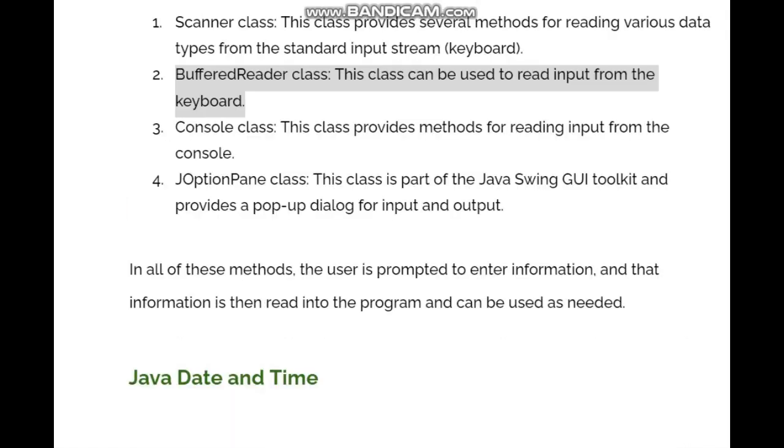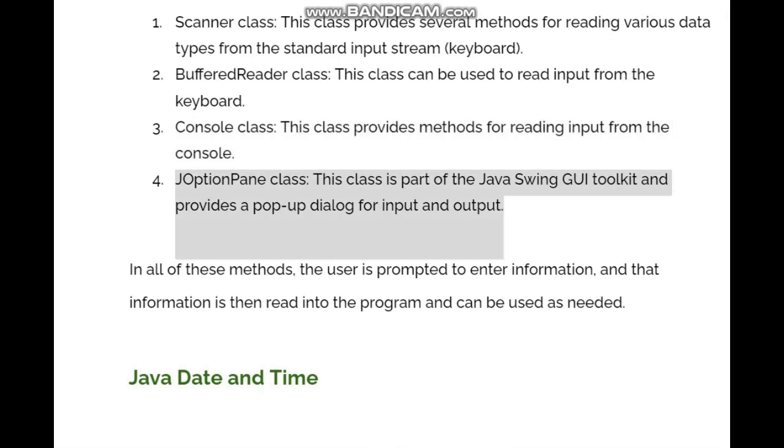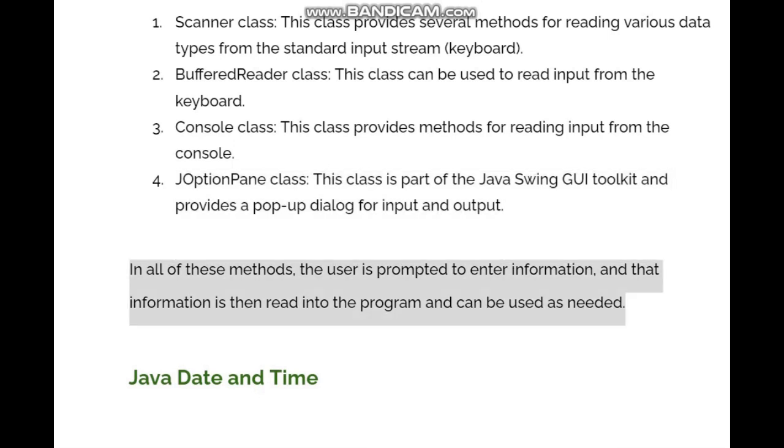Console class. This class provides methods for reading input from the console. JOptionPane class. This class is part of the Java Swing GUI toolkit and provides a pop-up dialog for input and output. In all of these methods, the user is prompted to enter information, and that information is then read into the program and can be used as needed.